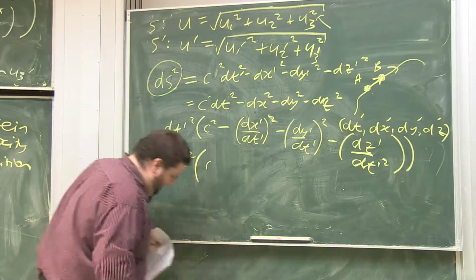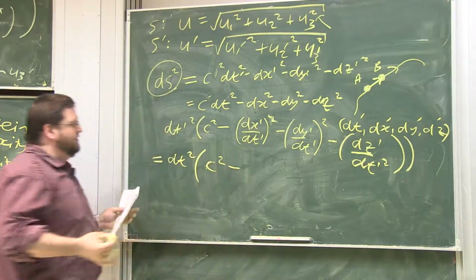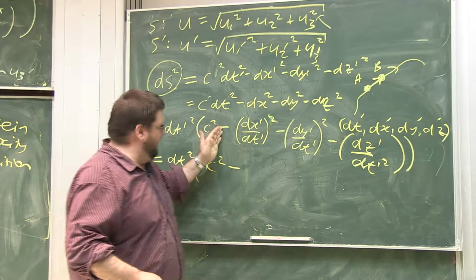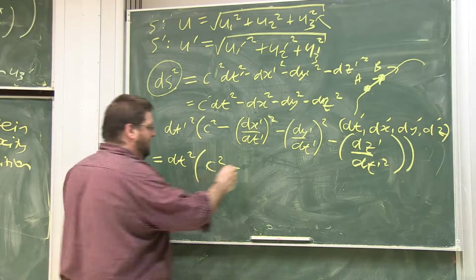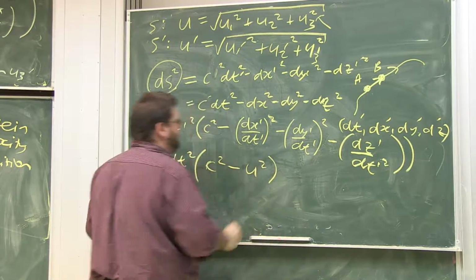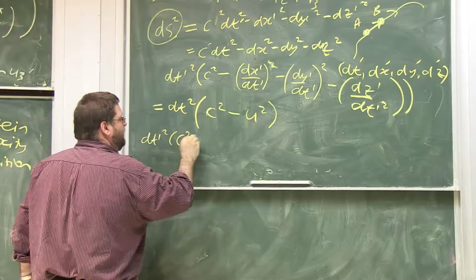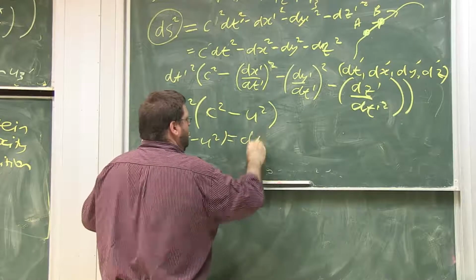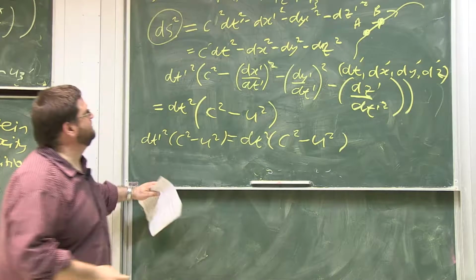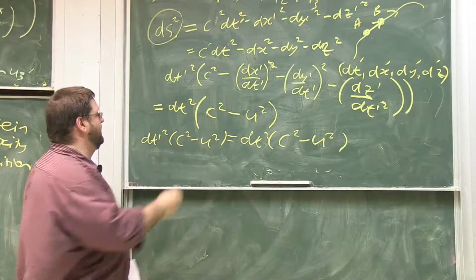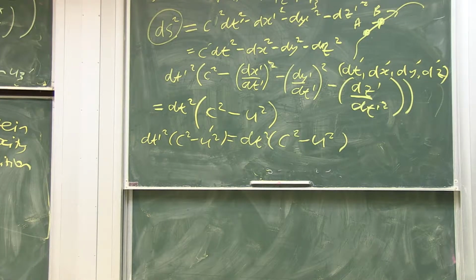And they'll get c squared minus the speed squared. So this right-hand side is going to be the negative of the speed squared. So we've already got a formula: dt prime squared into c squared minus u prime squared equals dt squared into c squared minus u squared. So this is good. This is equation 82 in the notes.